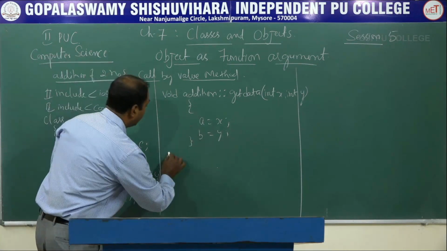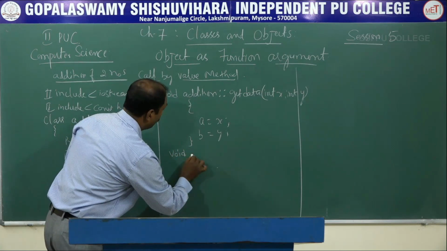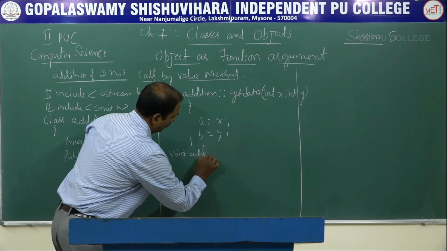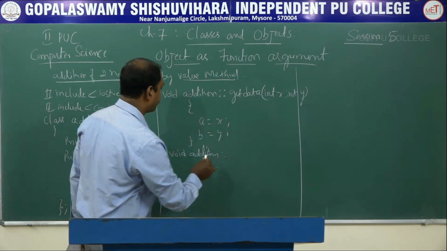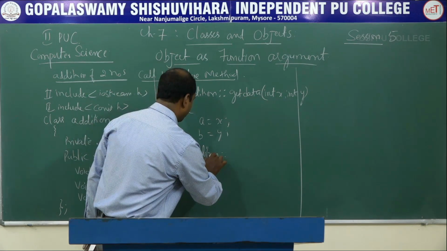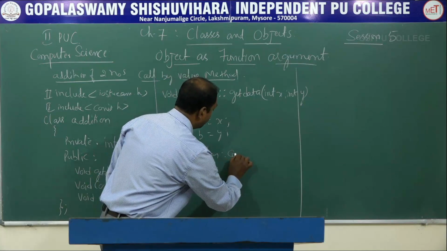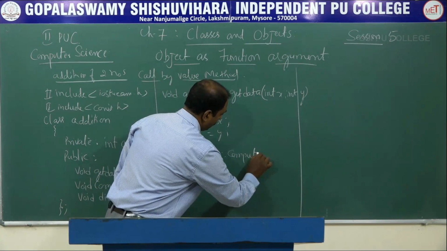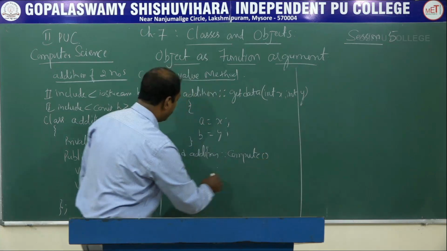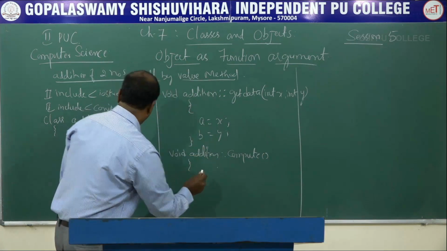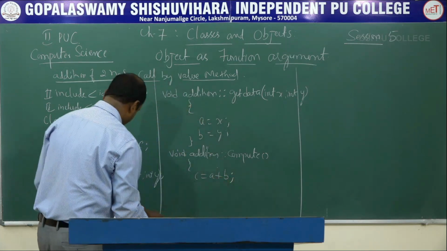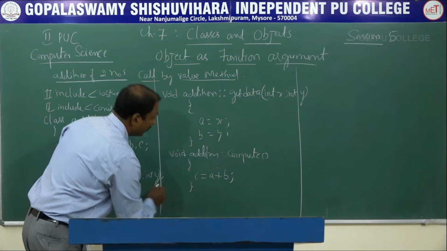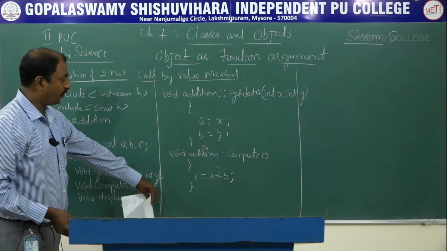After this, we write one more function, void addition, the function is compute, and this is for calculation: c equals a plus b. I am closing this. So this is one function.